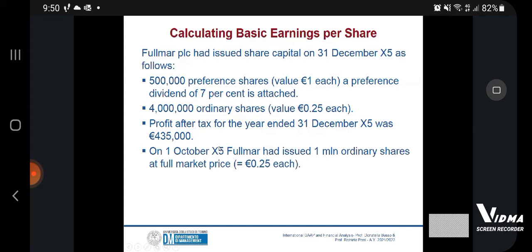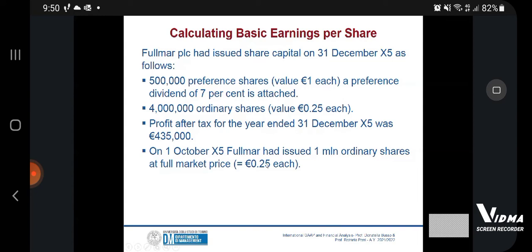Okay, now this is the new thing in this example. On 1st of October, that means 3 months before the end of the period, October, November, and December, the company issued 1 million ordinary shares at full market price. Now, again, things are not getting too complicated, not yet, because, okay, I'm issuing new shares, but I am applying the market price over here, which is 25 cents.